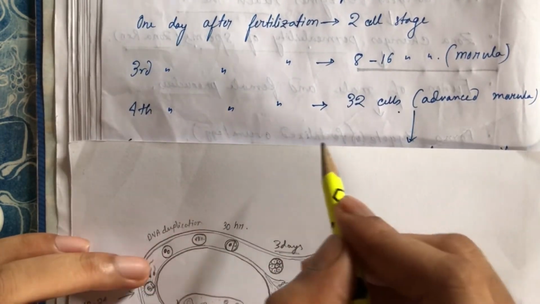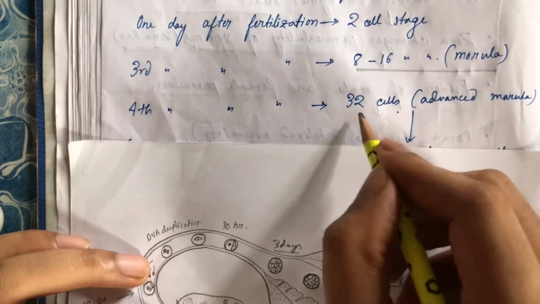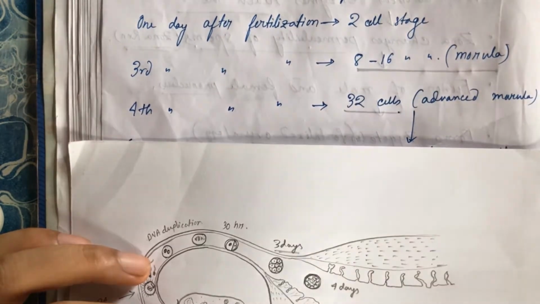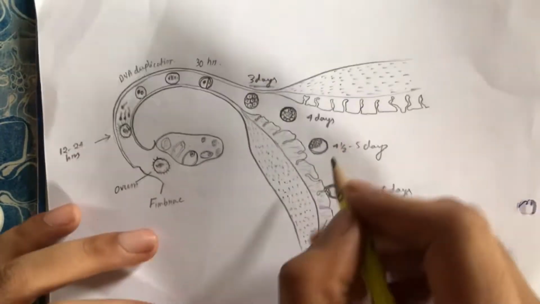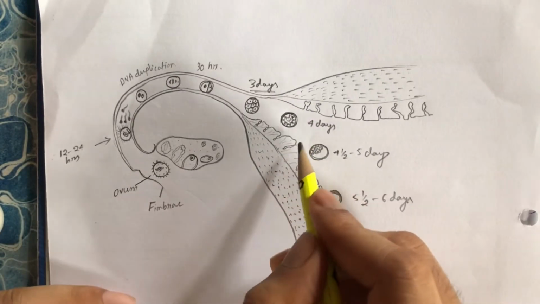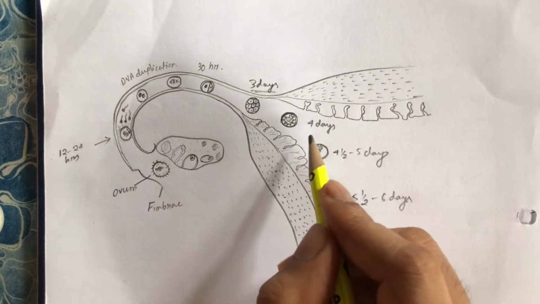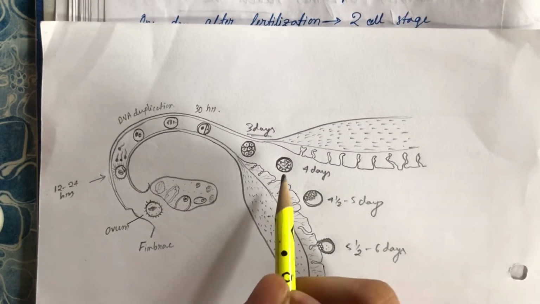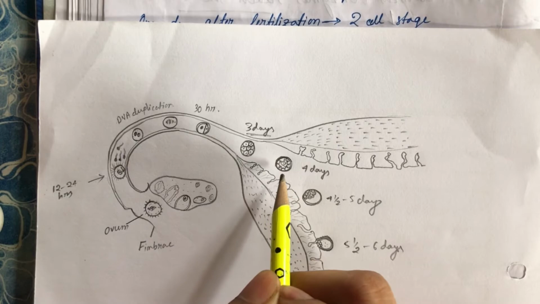At the 4th day after fertilization, the 32 cell stage will form, which is called the advanced morula.